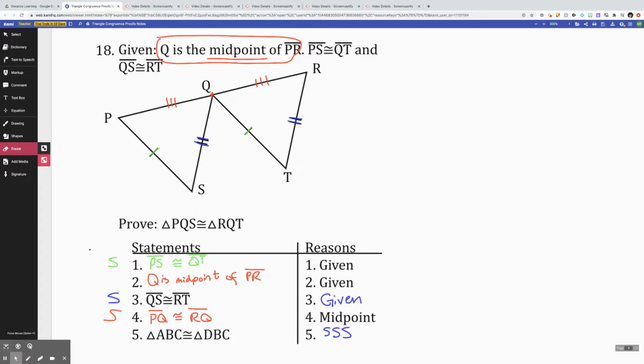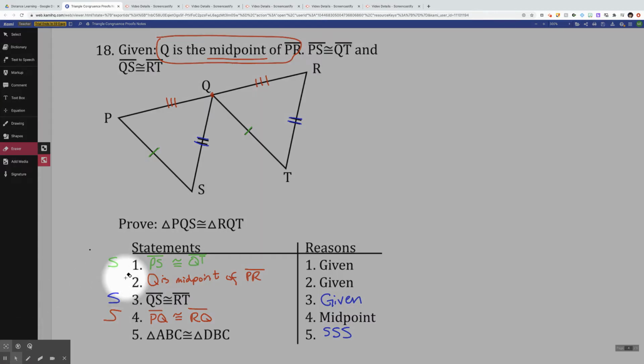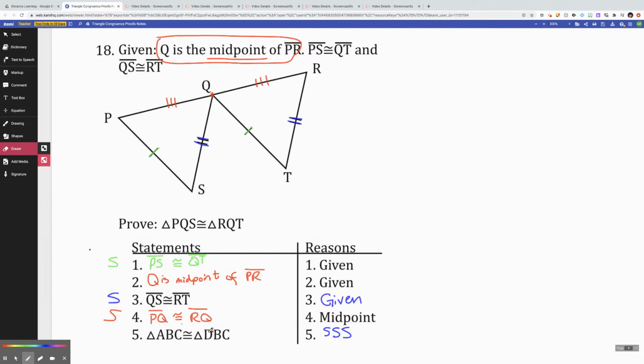I have to indicate how I knew that first. So I have to write in that Q is the midpoint of PR as the given information, right? And then we used that information to justify why PQ was congruent to QR. So we used it as a reason.